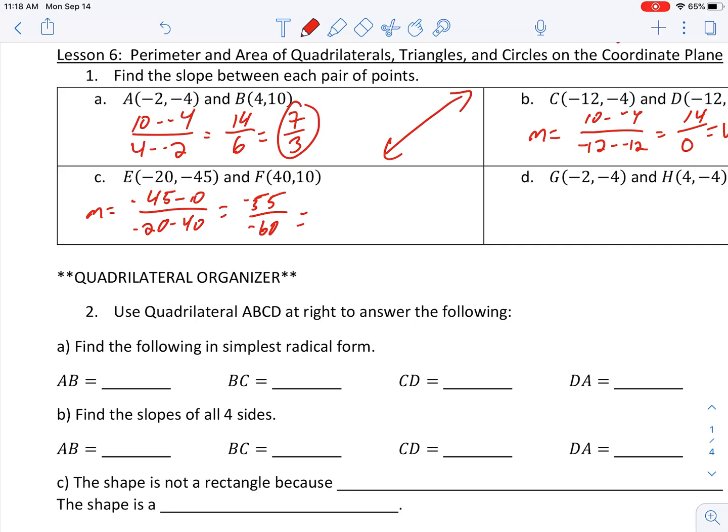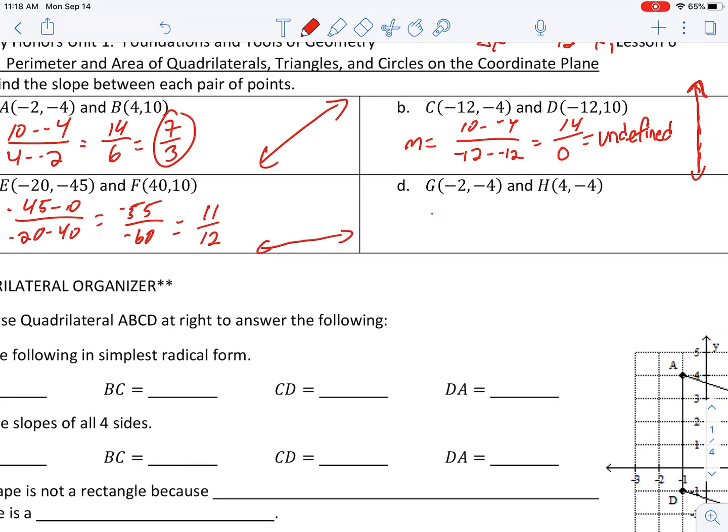And I can reduce 55 and 60 both by 5. So 11/12, it looks like. It's a positive slope. Positive slopes look like this. This one would actually be pretty flat because the slope is not very large. We'll talk more about that as we work through here, okay?